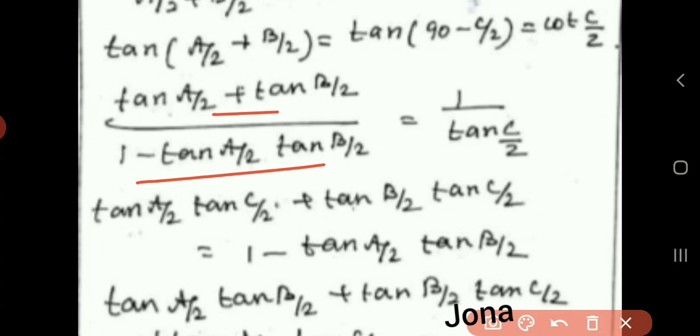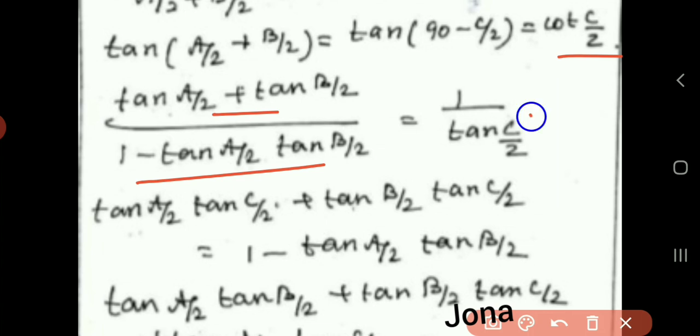And then this tan of a by 2 plus b by 2, we can write using the formula tan of a plus b equal to tan a plus tan b divided by 1 minus tan a tan b, which is equal to, here cot is there, so cot is nothing but 1 by tan.